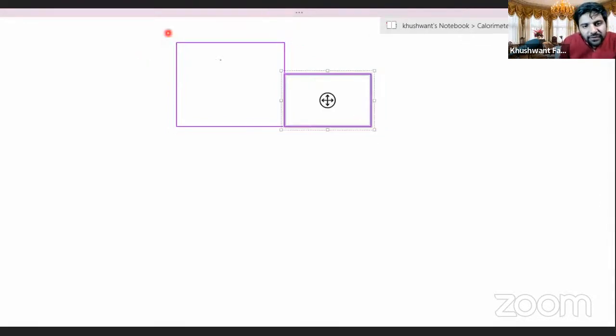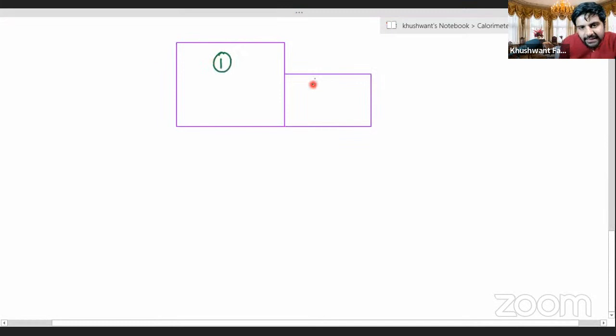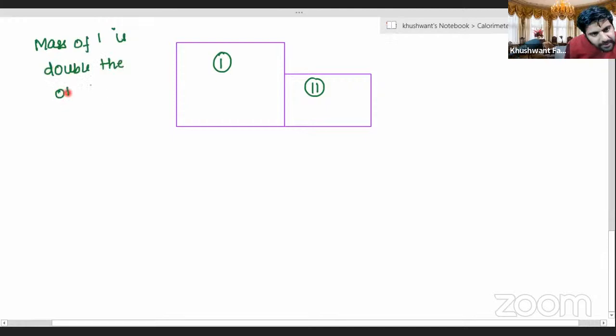So mass of the first body, this is suppose first body, this is second body. Question says that mass of one is double the other. Okay, then next one is specific heat capacity of the second body is equal to 3 times the specific heat capacity of the first body.